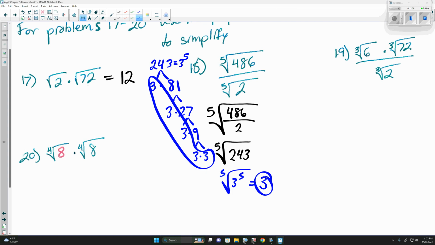Now the same thing is kind of true with this here. We could try typing this in first, seeing if it gives us an answer. Now since they're all cube roots, we can write it as one big cube root of 6 times 72 divided by 2. Now, at this point here, we could type everything that's inside the radical into the calculator.